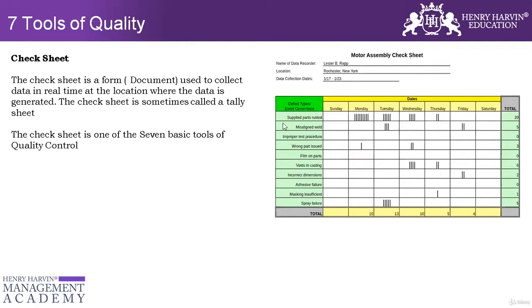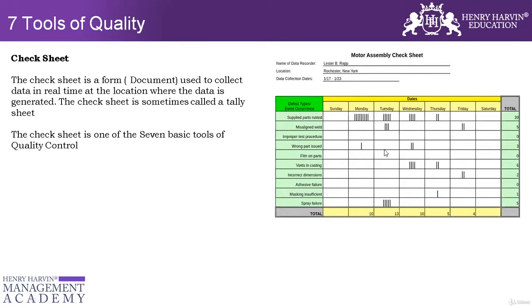So here it's a check sheet which is being maintained, and tomorrow if there is something wrong and I want to do a root cause analysis, on the left hand side you see the defect types that have come in the service station, and these are the days of the week mentioning the occurrences also.